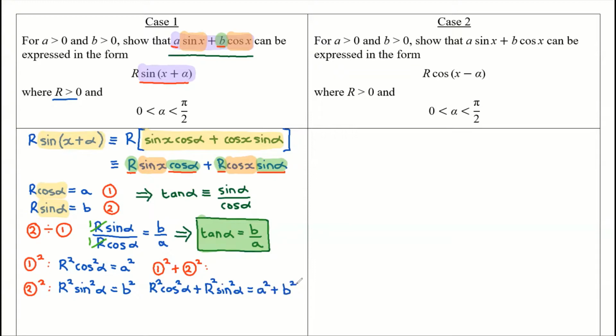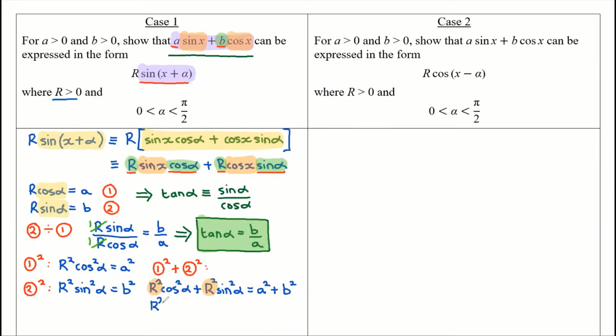Now, why is this good news? Well, if you remember question 1 from the warm-up, we have common factors of r squared in both of these. So we can factor it out. And don't worry, there's a couple more steps and we're done. So I'm going to factor out the r squared.